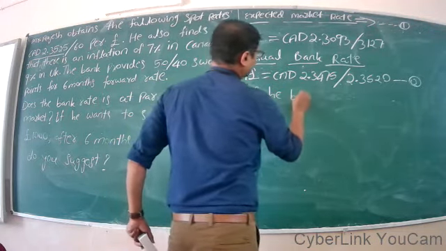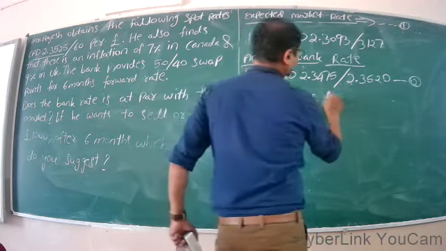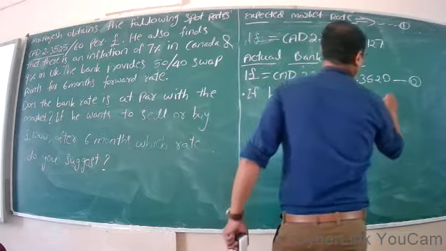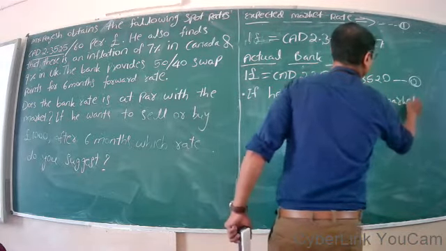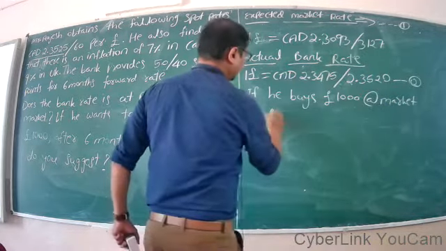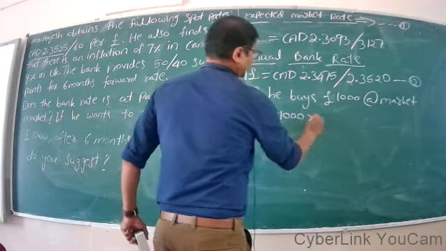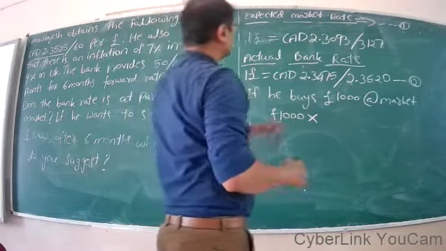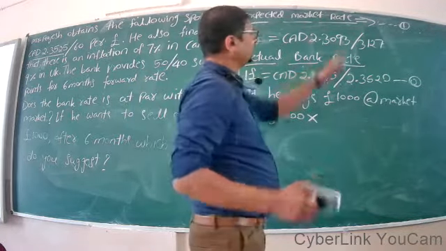If he buys 1000 sterling pound at market rate, he has to pay per sterling pound, if he is the buyer, market is the seller.